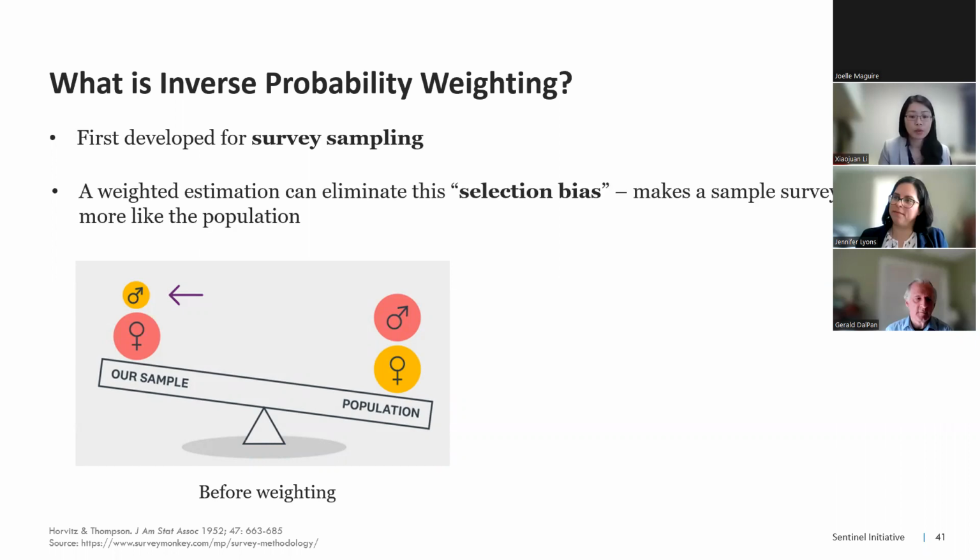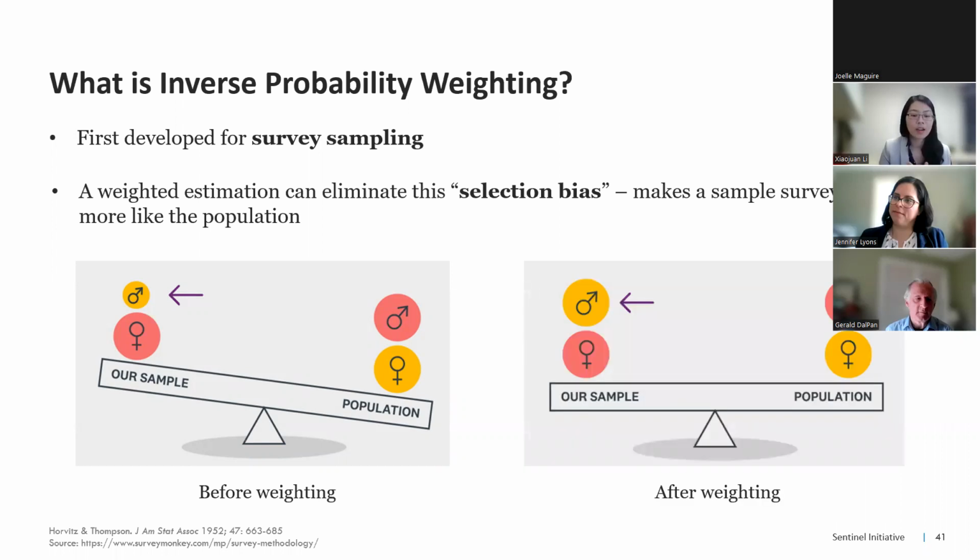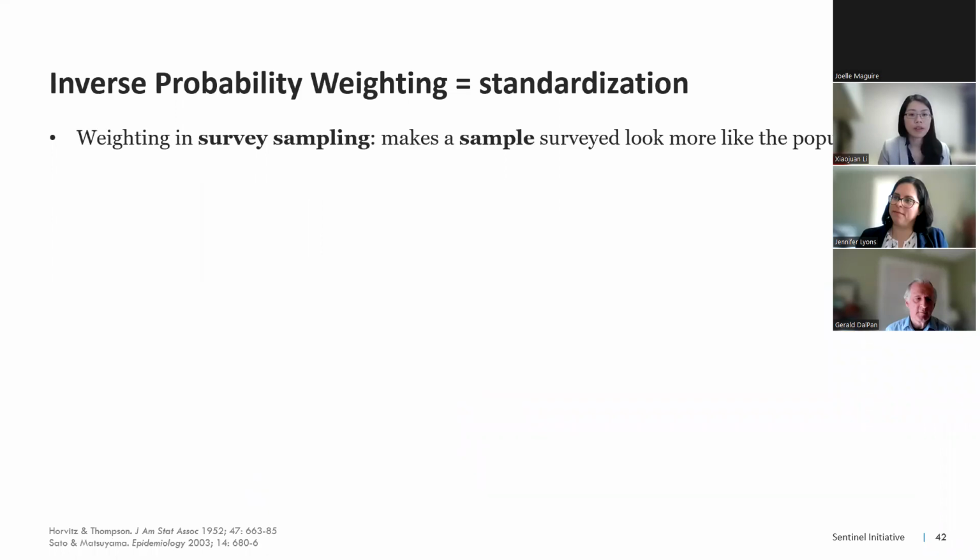Weighting can be used to weight these individuals to create a sample with no differential selection, so more like the population. As in survey sampling, the weighting makes the sample surveyed look like the population the sample was drawn from.